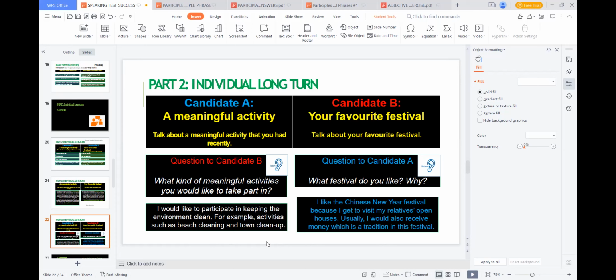Or you can say joining the activity which is organized by a non-profit organization, for example volunteering work. There are a lot of volunteering works like beach cleanup, town cleanup, or river cleanup also. So these are called volunteering work.